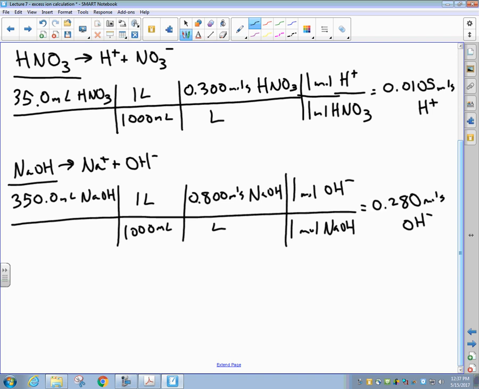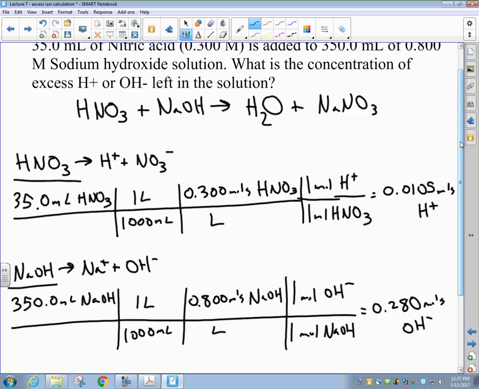Now, we know that when you mix an acid and a base together in the same container, they are going to neutralize each other. The neutralization reaction that we have written up on the board right here shows that there's a 1-to-1 ratio all the way across. This is our molecular equation.